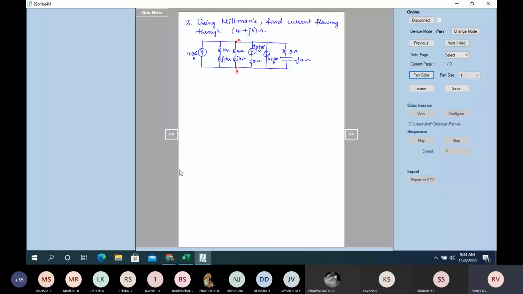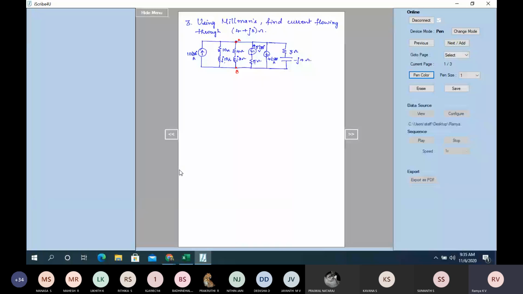Bad, very bad. Prashant is there? Prashant N. Rahul L. Very disturbing. Very, very bad. Nitin P.